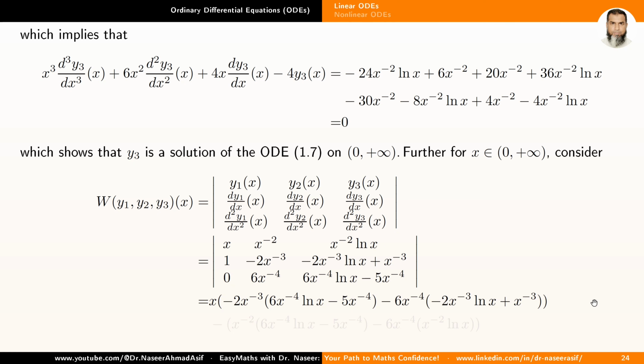into minus 2 x exponent minus 3 log x plus x exponent minus 3 minus x exponent minus 2 into 6 x exponent minus 4 log x minus 5 x exponent minus 4 minus 6 x exponent minus 4 into x exponent minus 2 log x.